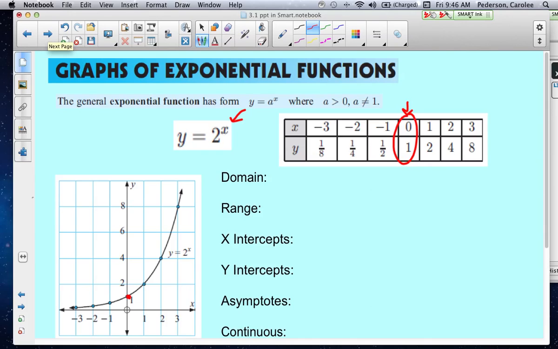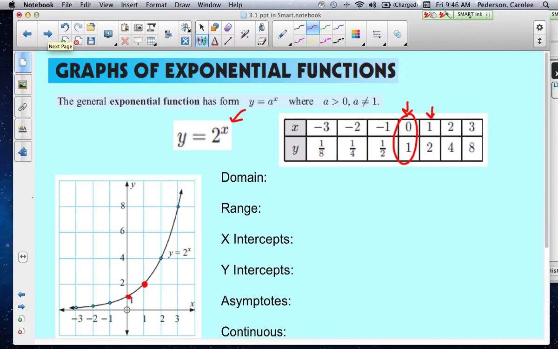It is also the y-intercept, yes. And then if we evaluate the function for 1, so 2 to the 1 power is 2. So that ordered pair, that is over 1 up 2.